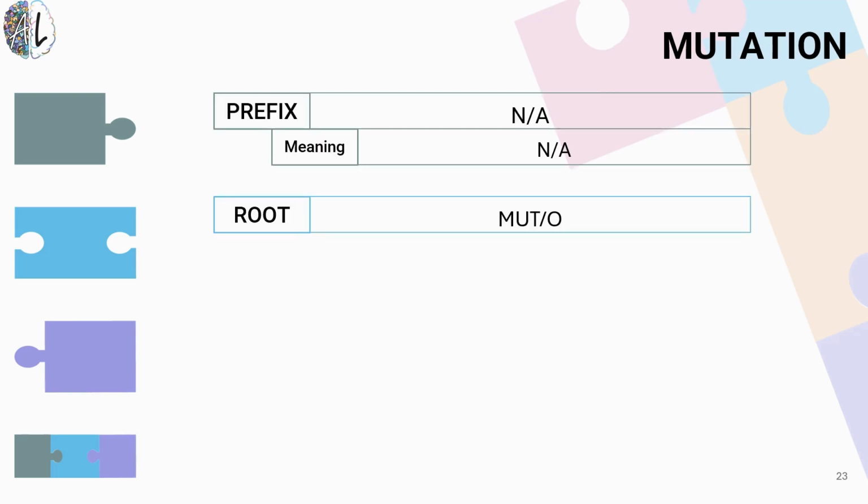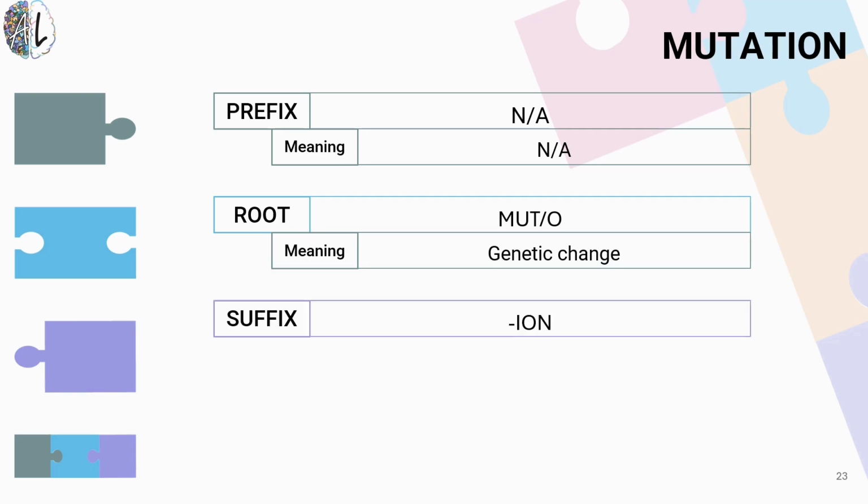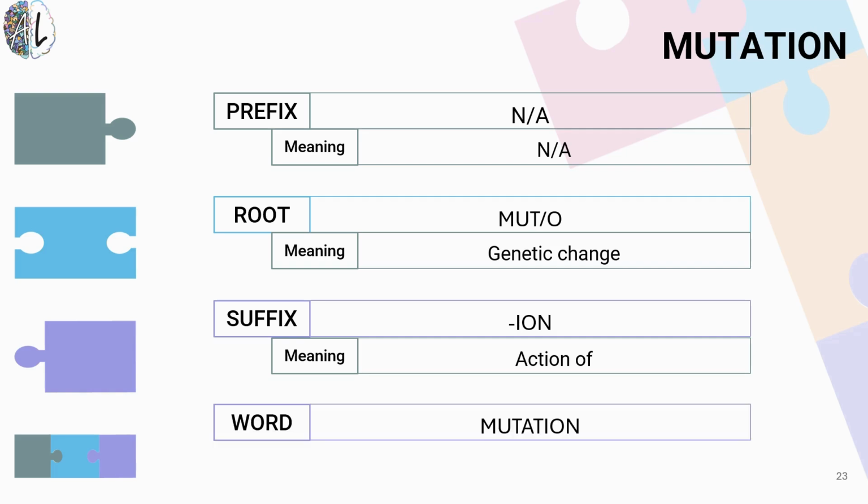We have the root term muto, which refers to a genetic change, and the suffix ion, or ation if you want to choose that as well. That would have been fine. They mean exactly the same thing, which is an action of. Mutation is an action of changing your genetics. So it's when your genes started out one way, but then made some sort of a shift, we call that a mutation.